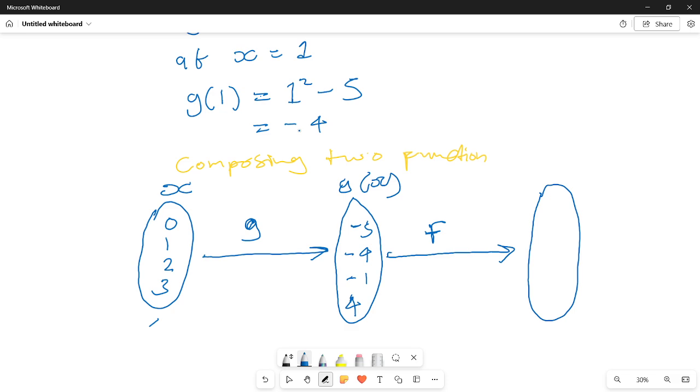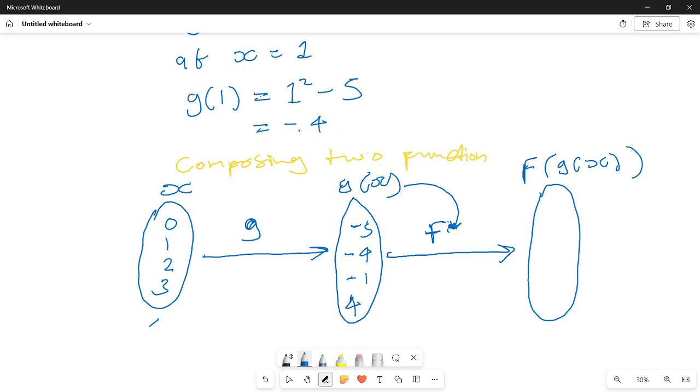However, that output is going to be defined as f of g of x, because you are getting the output g of x and you are applying f to it. You are applying f to the output g of x that is coming from the function g.